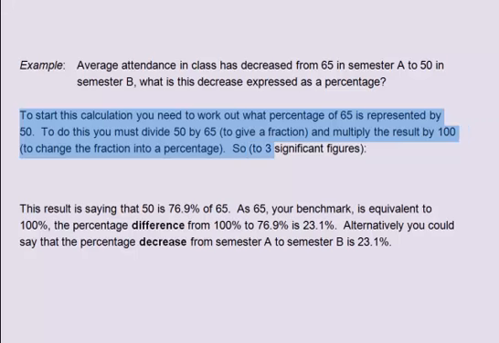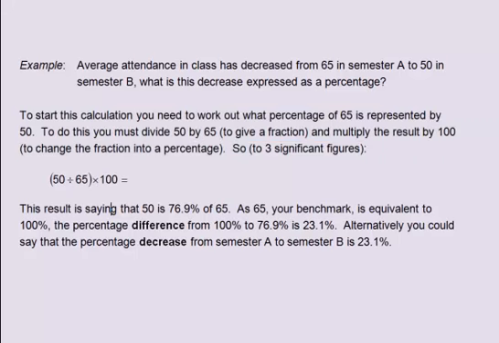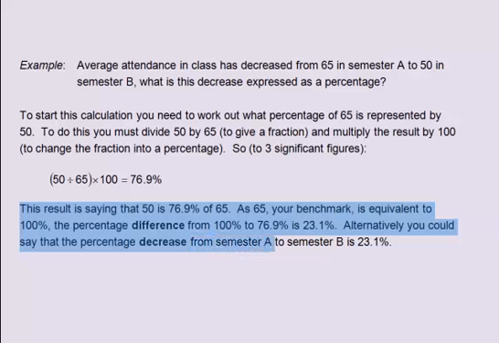So, to three significant figures, 50 divided by 65 multiplied by 100 equals 76.9%. This result is saying that 50 is 76.9% of 65. As 65, your benchmark, is equivalent to 100%, the percentage difference from 100% to 76.9% is 23.1%. Alternatively, you could say that the percentage decrease from semester A to semester B is 23.1%.